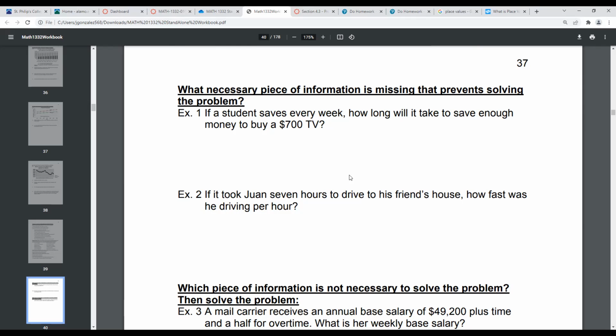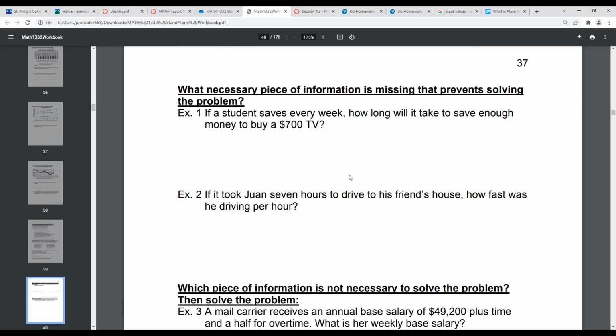On the next one, it took Juan 7 hours to drive to his friend's house. How fast was he driving per hour? What's missing in order to figure that out? Miles per hour, how fast it was. Or how far his friend is.